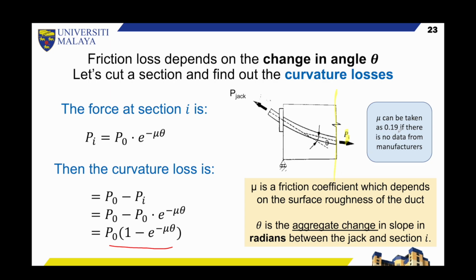If there is no data from manufacturers, you can just usually assume mu to be 0.19. And E, in this case, is not the eccentricity, but it is E, the number, 2.718 dot dot dot. So that was for curvature.